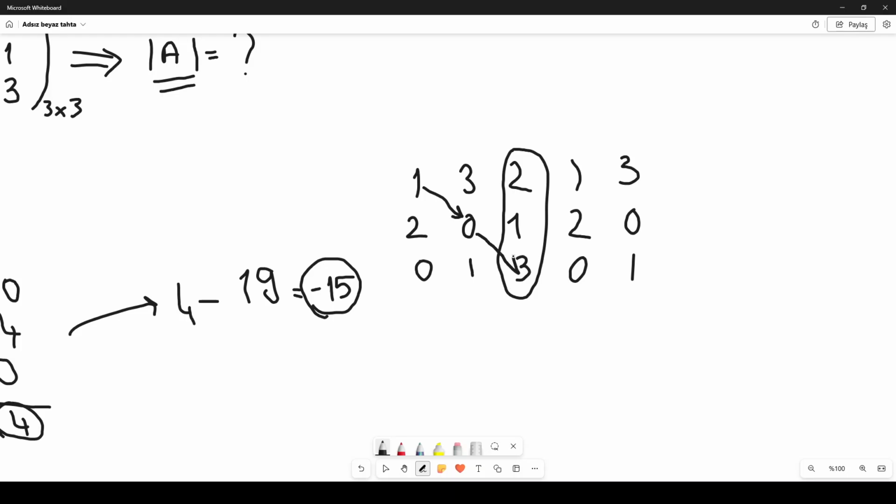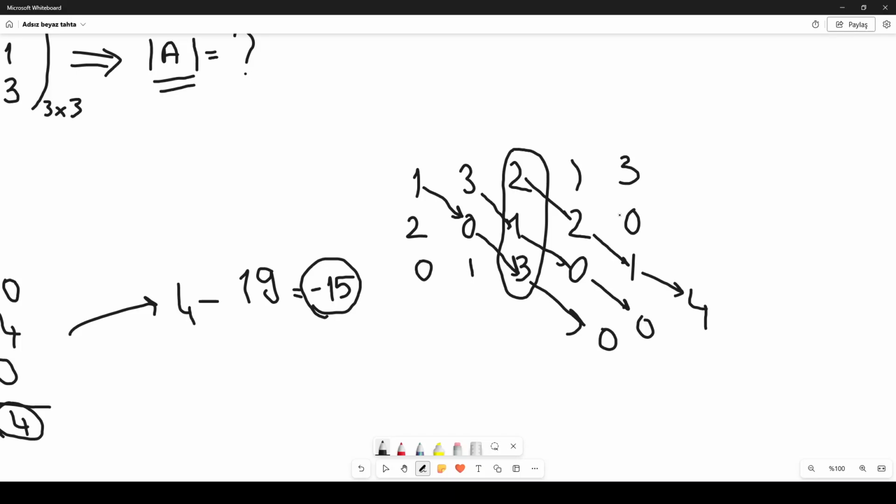1 times 0 times 3 is equal to 0, and 3 times 1 times 0 is equal to 0 again, and 2 times 2 times 1 is equal to 4.